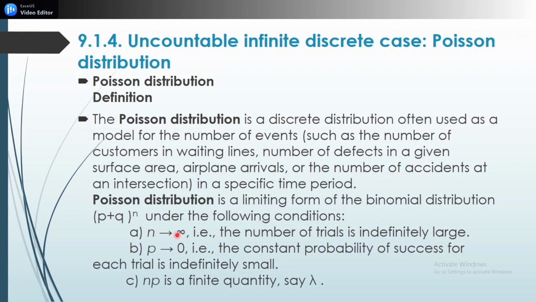Also, the probability of success p approaches 0, meaning it is very small, near to 0. So in place of the binomial distribution, we will use the Poisson distribution.